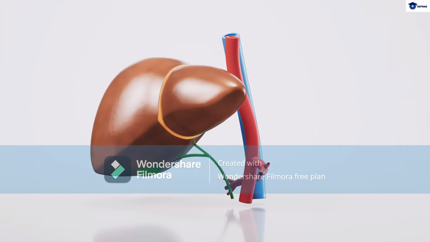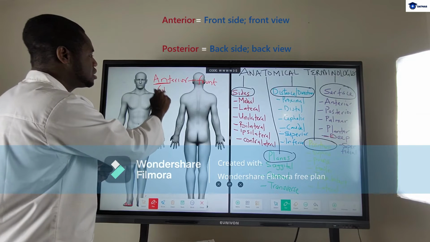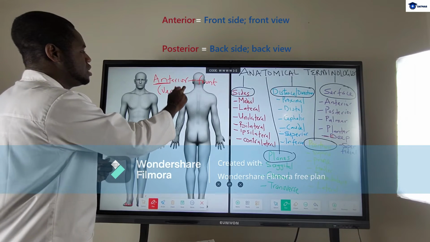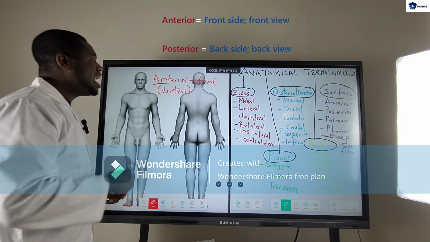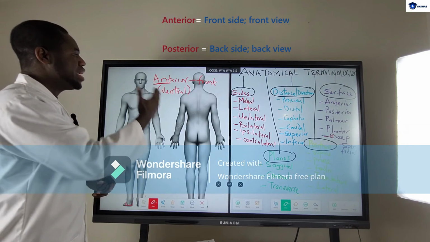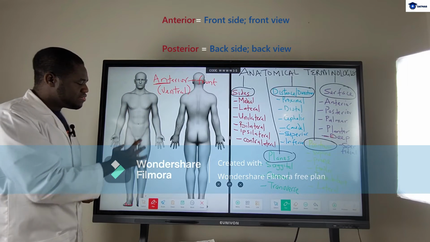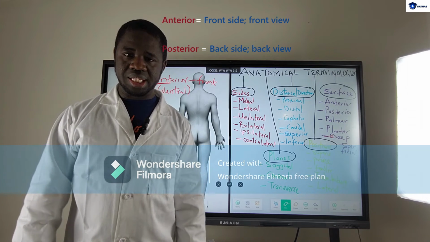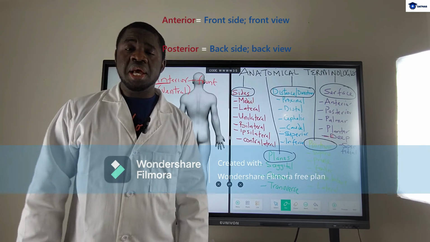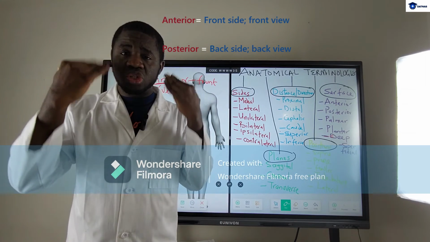Another term for anterior is ventral. So you can use the word ventral surface or anterior surface. They mean the same thing. This is my ventral surface. That is my anterior surface, my front view, my front side, my front surface.